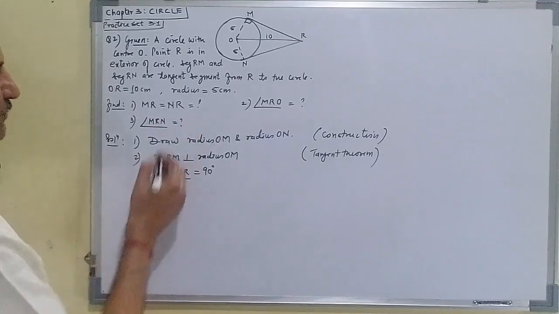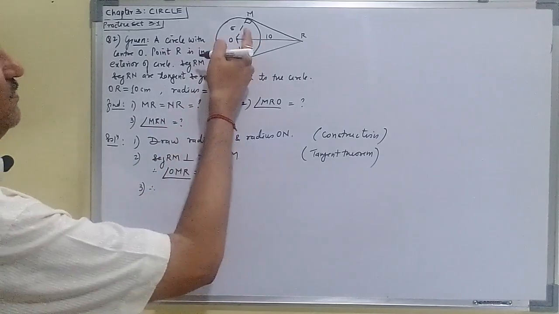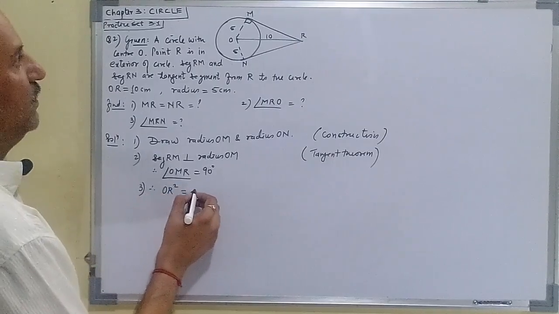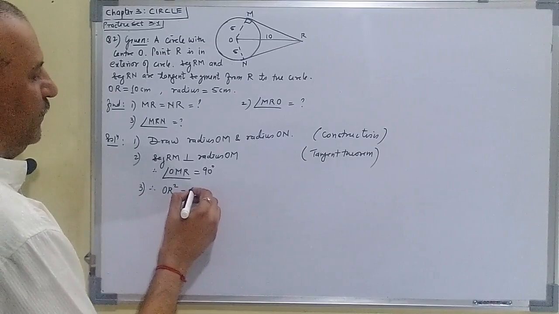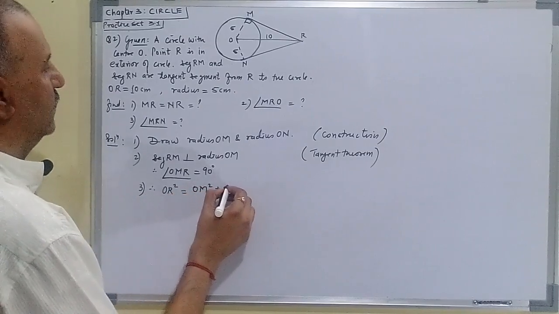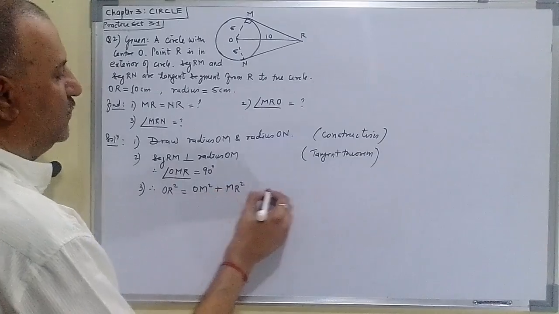Statement number 3. Use Pythagoras theorem in this. Therefore, OR square equal to OM square plus MR square.